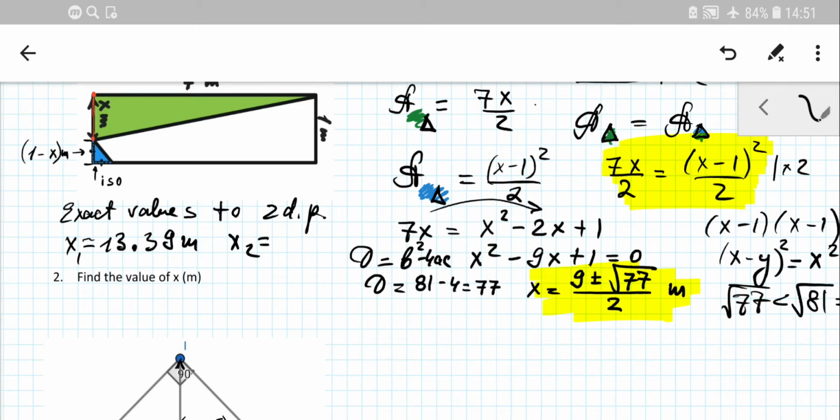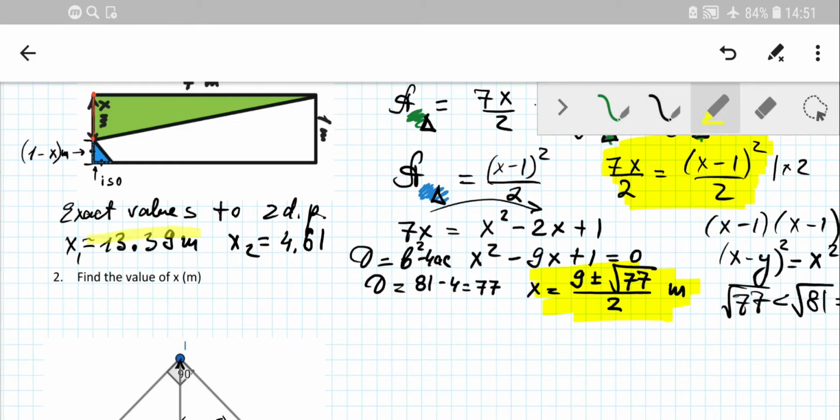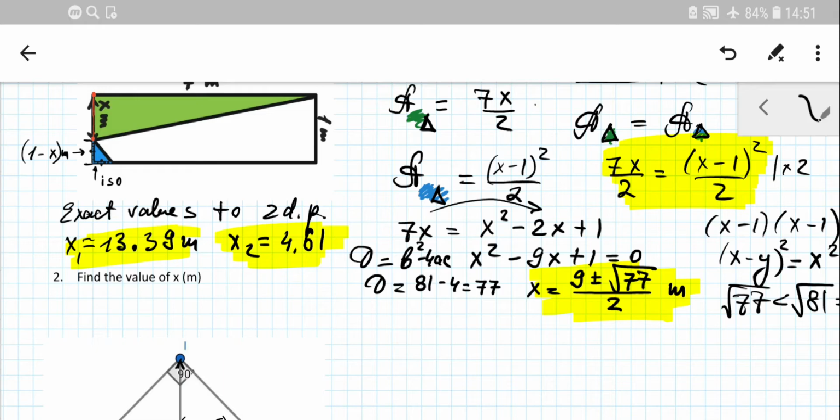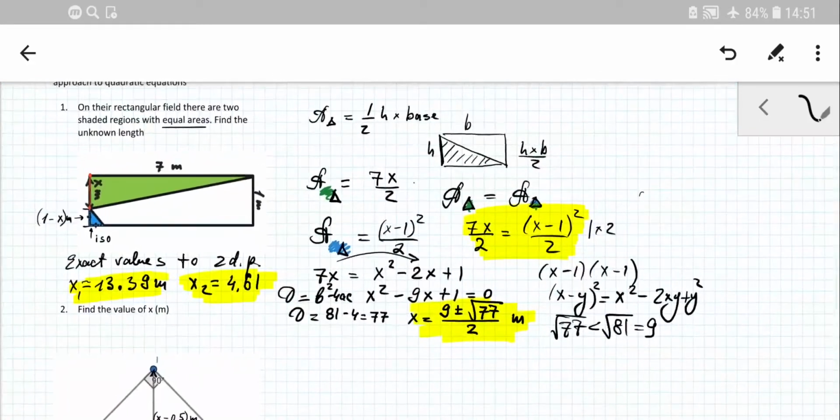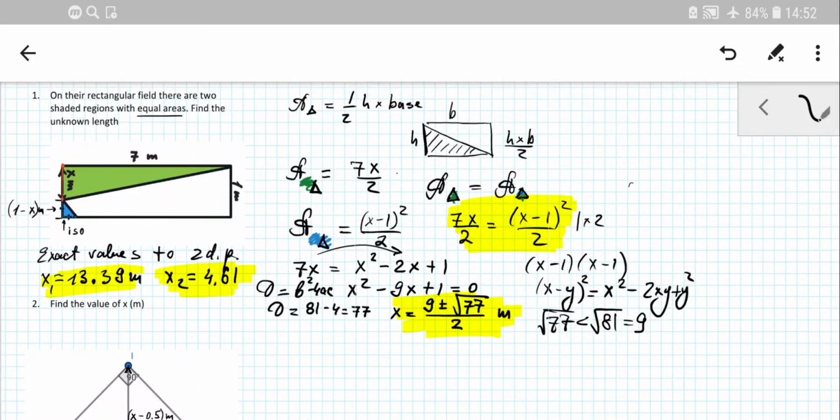Let's calculate with the difference. If we change the sign for the difference, we've got x2 of 4.61. So 4.61, and these are the exact values to two decimal places. Okay, so it's done. So make sure you did it in the same manner, and we'll go next.